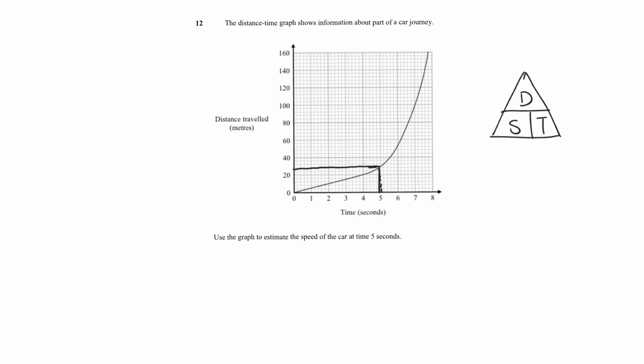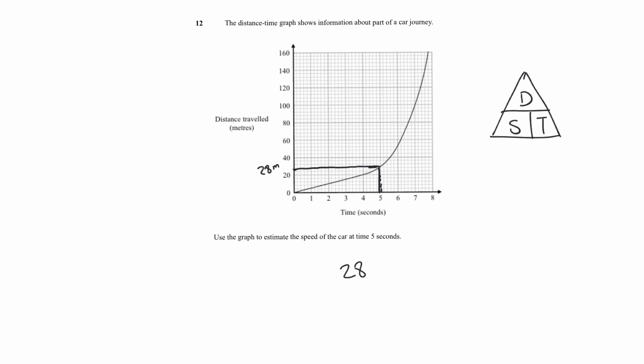okay, so at 5 seconds, we can see that roughly the distance is 1, 2, 3, 4. So there's 5 little squares for 20, so 20 divided by 5 is 4. Okay, so it's about 28 meters.